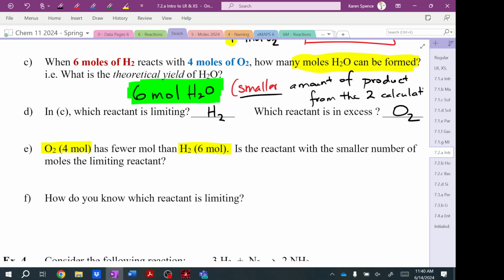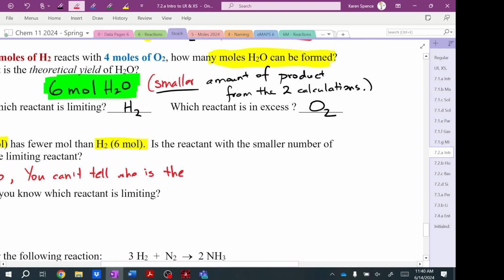So don't make that mistake. Okay? So you can't tell who is the limiting reactant by just looking at the moles of reactants.